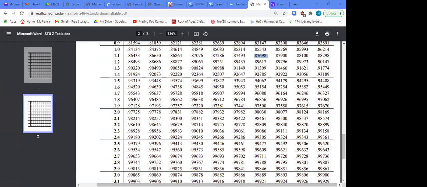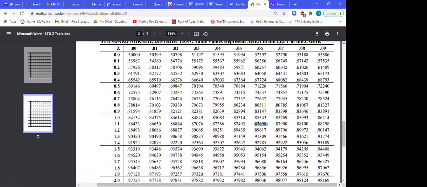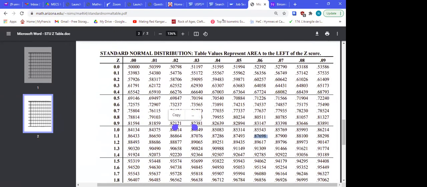So this is how the table is. This table, the first column here is the first decimal of the Z. This table is for the cumulative distribution at a given Z. So the first decimal of the Z is on the first column.